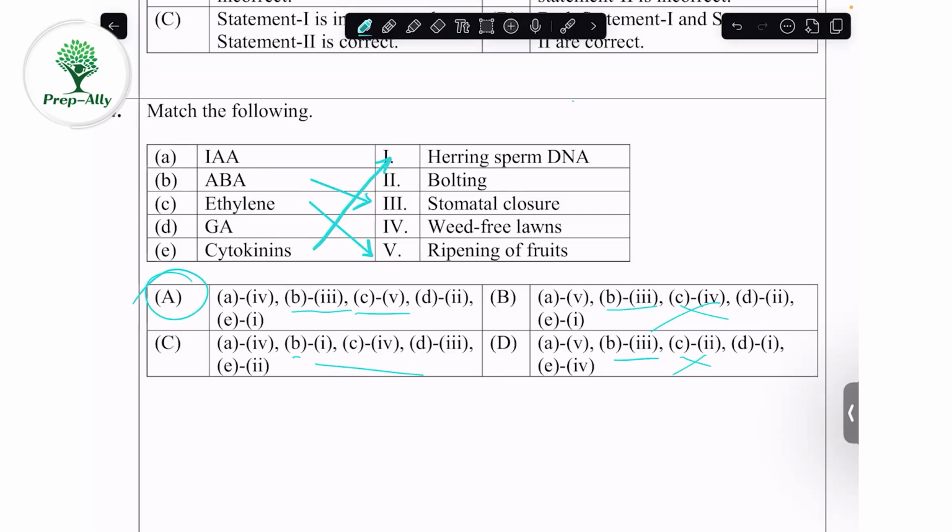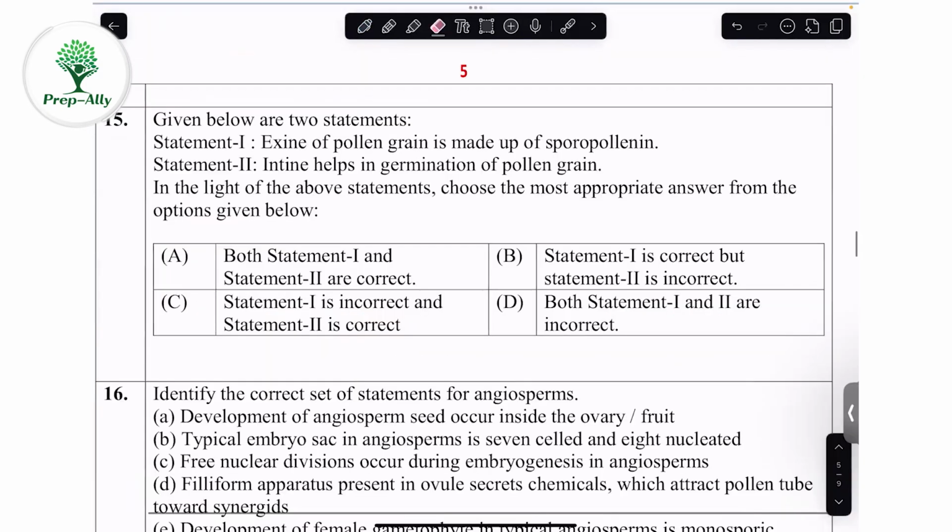And if you take the other options, auxin is weed-free loss. Weed means unwanted plant or plant parts, so there are no weeds. Weed-free loss. And the last one is GA, bolting. Bolting is nothing but stem elongation. So the correct option will be A.